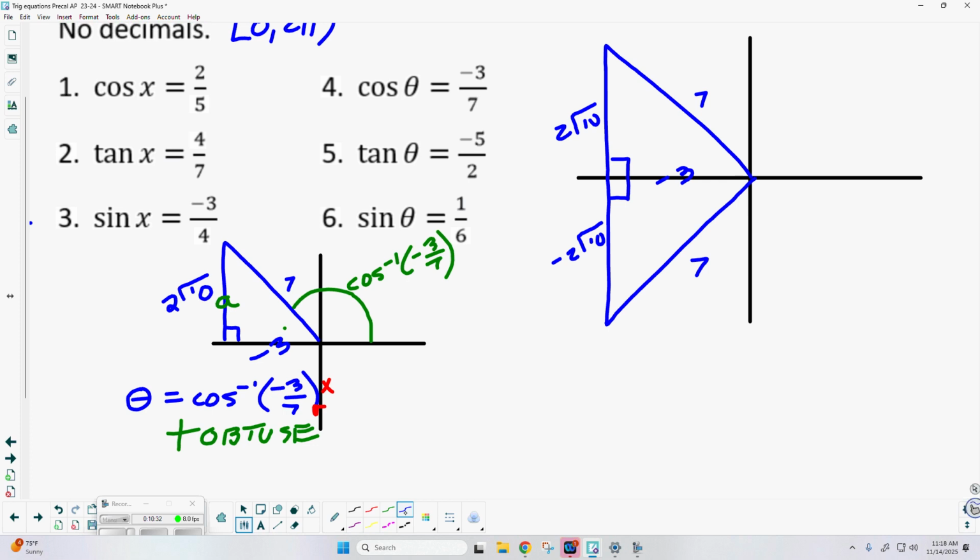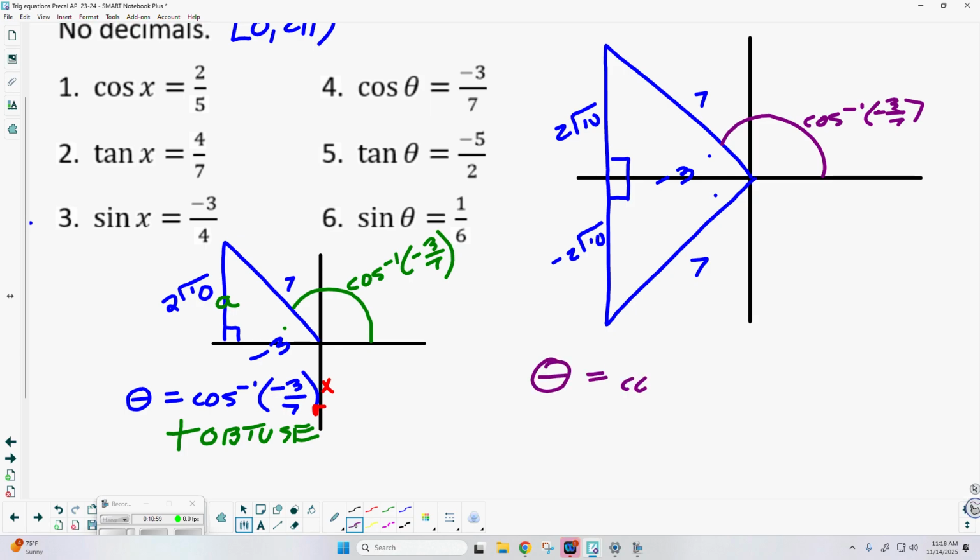Now remember, this cosine inverse angle that we're working with, whatever it may be, it's not these two reference angles here. It's this angle. Okay. Cosine inverse of -3/7. But remember, we have to rotate from standard position to the hypotenuse, so that means it's already my first answer.